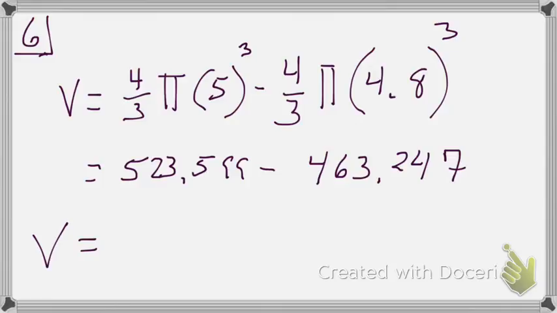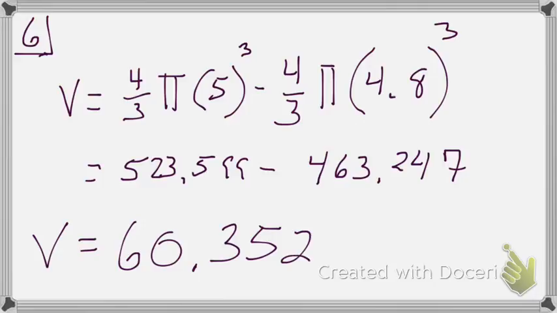So the volume of the gum is equal to 60.352 cubic centimeters.